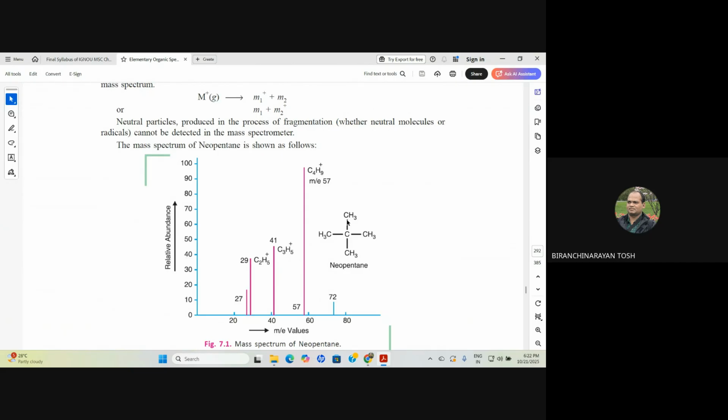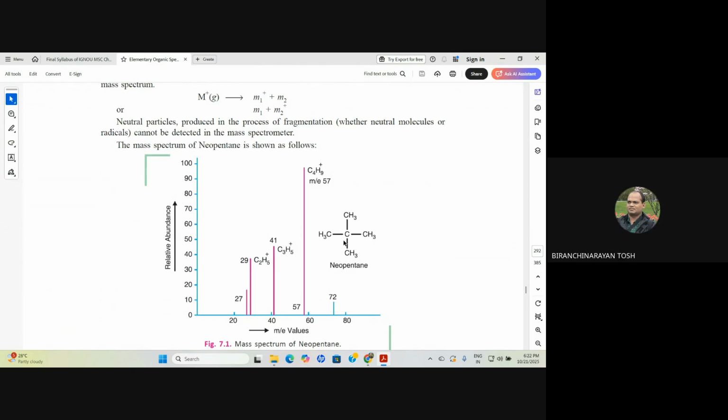How will you get C3H5? From C3H6, one hydrogen is also removed, so you get C3H5, and C2H5, like propyl and ethyl. But in the case of normal pentane, you will not get this fragment C4H9.